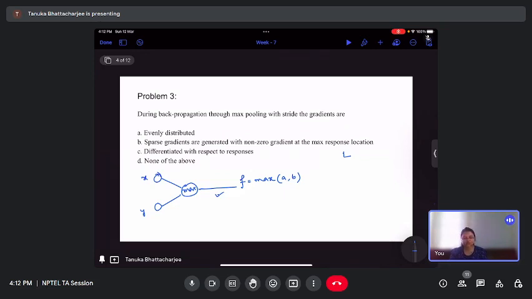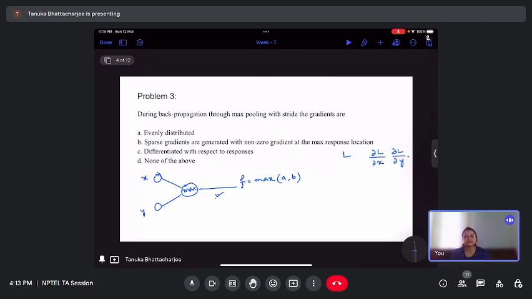So, now you have to know the contribution, or you have to back propagate this L to earlier nodes. So, you will have to compute del L del x and del L del y. So, by a small change in x and y, how that impacts the loss at the output L, that you need to compute.